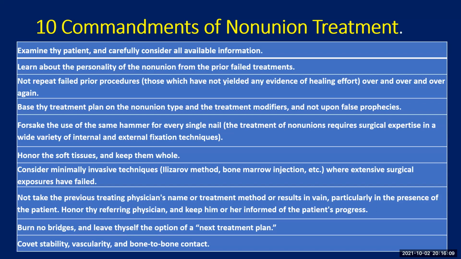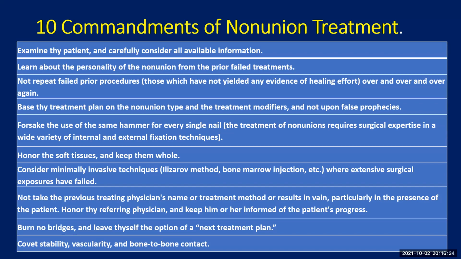Preferably, take a single flap up to the bone. Don't dissect skin, then soft tissue and so on. Take a thick flap, preferably every time. Consider minimally invasive techniques like Ilizarov and bone marrow injections when extensive surgical exposures have failed. Do not take the previous treating physician's name or treatment method or results in vain, particularly in the presence of the patient.